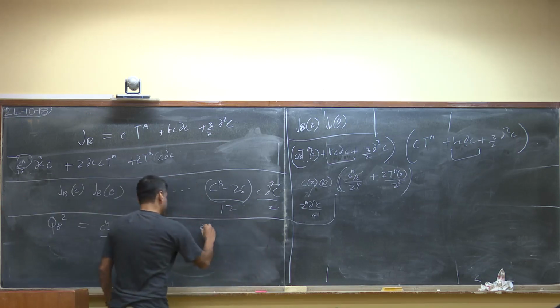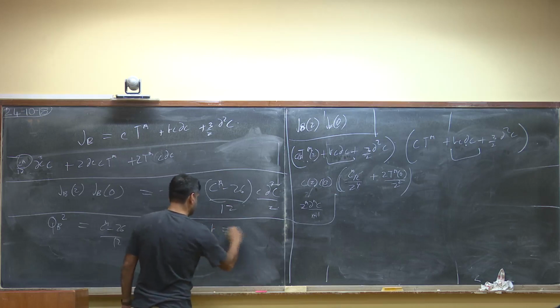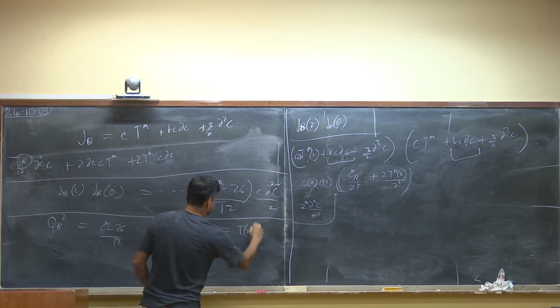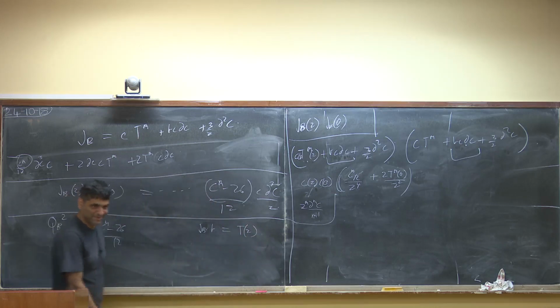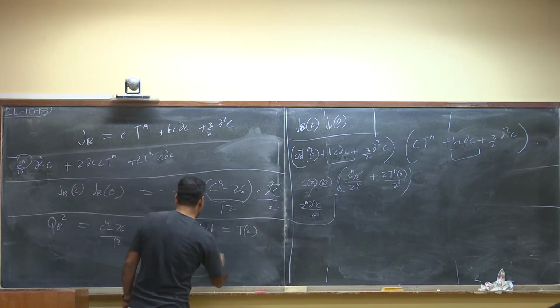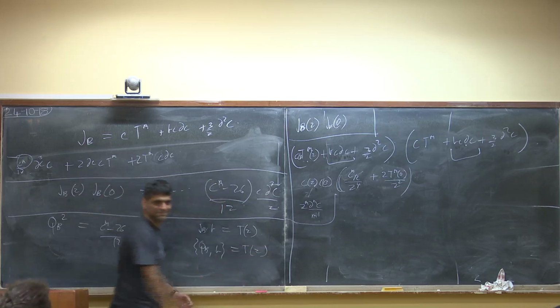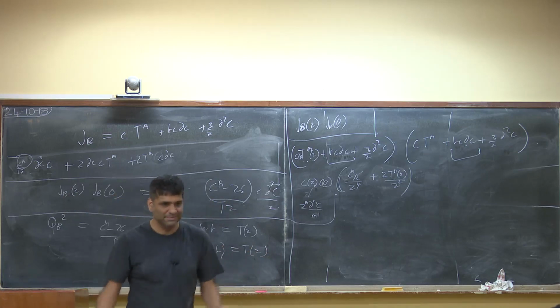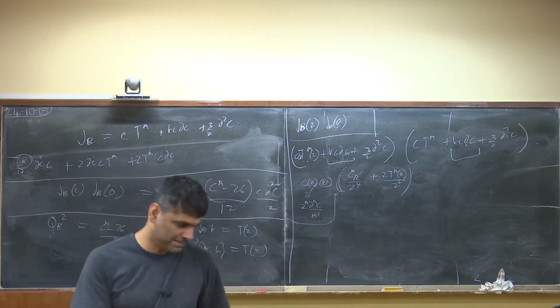Because Q_BRST on B was equal to the stress tensor, I mean J_B and B was equal to T(Z), which meant that Q_BRST on B was equal to T(Z), which meant that T is Q_B acting on something, and therefore it was Q exact.